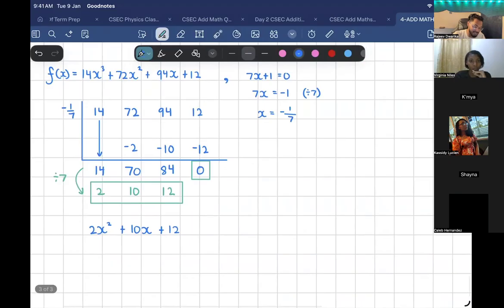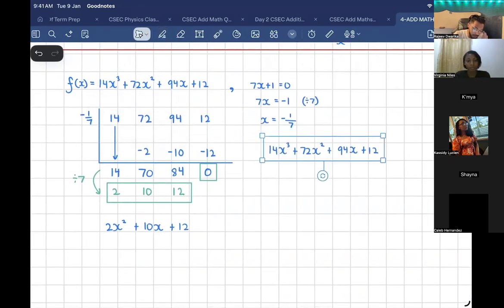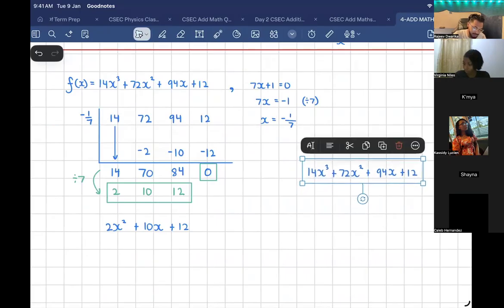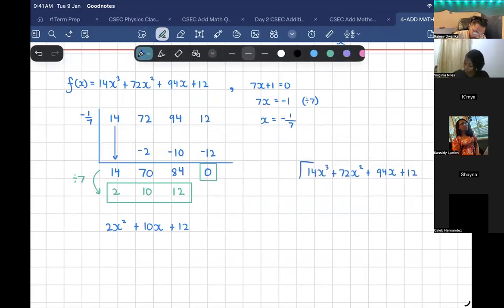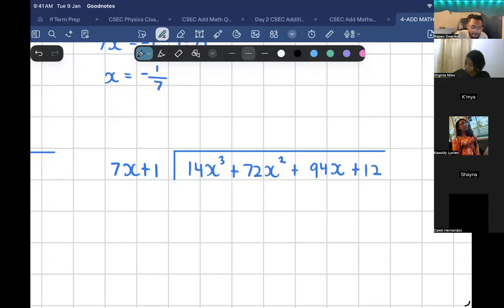All right, and just to make sure, you know what we're going to do? We're going to do polynomial long division and see if we get the answer. So we're going to divide by 7x plus 1, and you tell me what to do. We need to multiply by 7x to get 14x cubed.